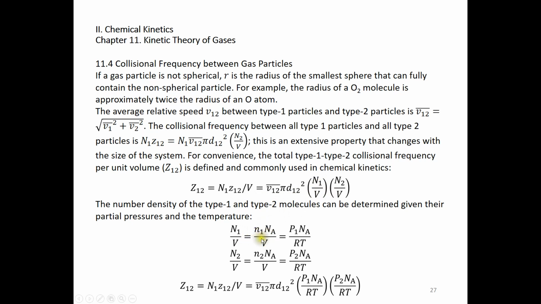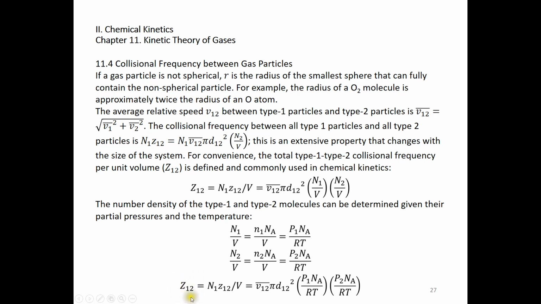And the lowercase n1 over V is just P1 over RT, based on the ideal gas law. Similarly, N2 over V is P2 over RT times Avogadro constant. And therefore, if we are given the temperature, the partial pressure of type 1 particles, and the partial pressure of type 2 particles, we will be able to get this uppercase C12.